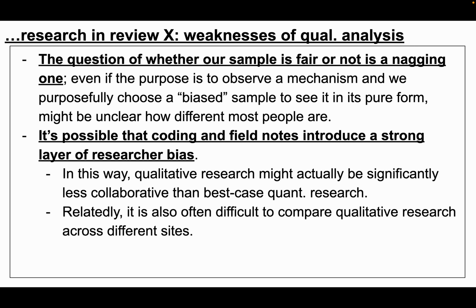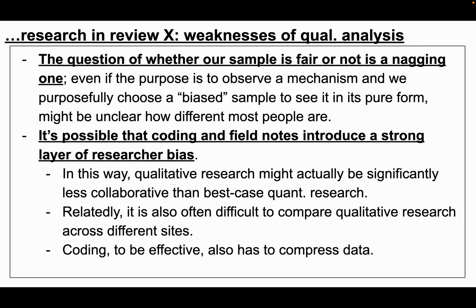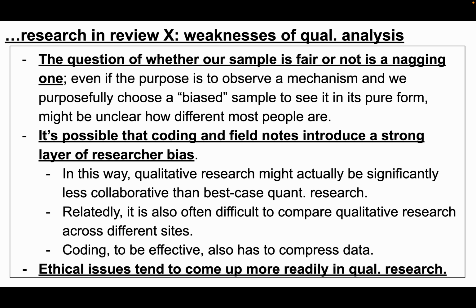And we've already kind of talked about this, but relatedly, this means that qualitative research oftentimes ends up being very ideographic, meaning that it's about a narrower range of phenomena than people are willing to admit. And really, when you break it down, the solutions to these things, like, for instance, making your data more comparable across different samples, require doing some heavy compression when you code qualitatively, which sort of takes away the point. By the way, there's also this somewhat ancillary issue, but ethical issues tend to come up more readily in qualitative research.